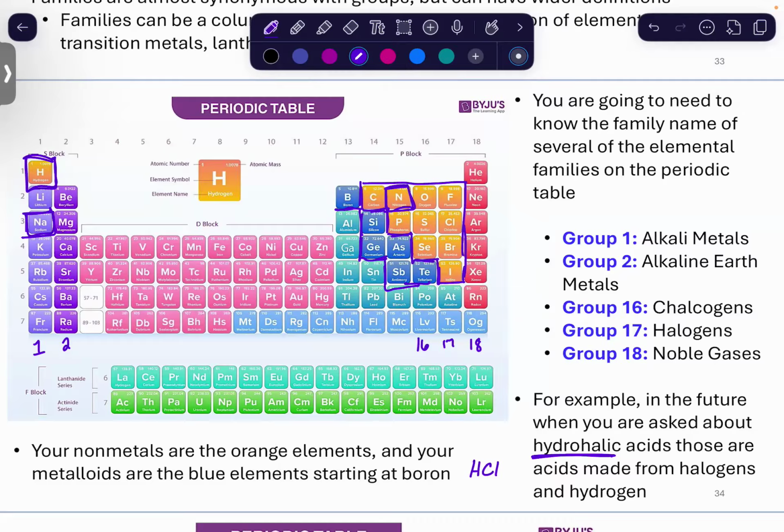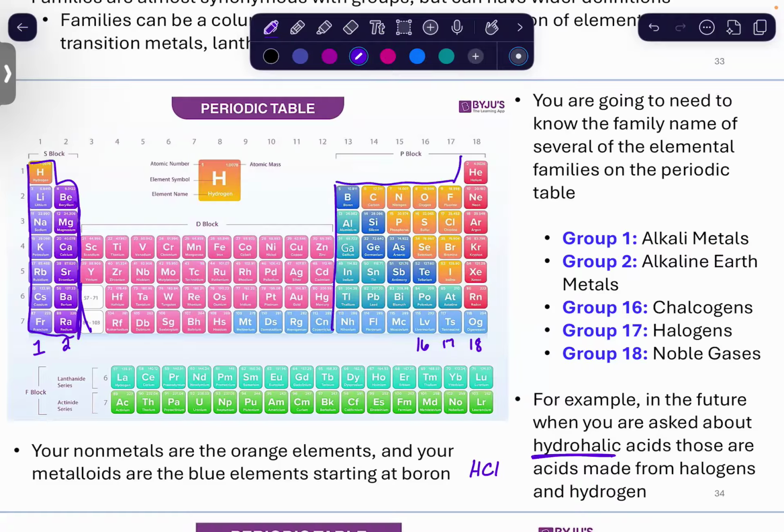But then otherwise, when you're thinking about groups on the periodic table, you can see the first two columns here. Then you see this section over here. Those two sections, the raised sections, are called main group elements.